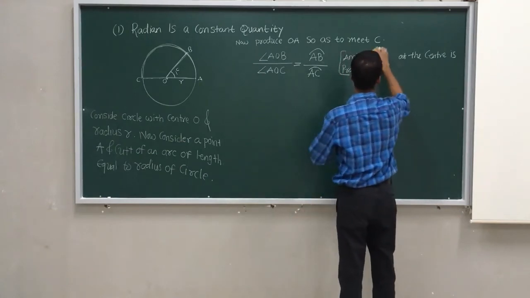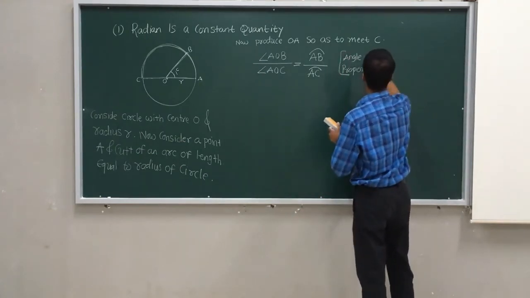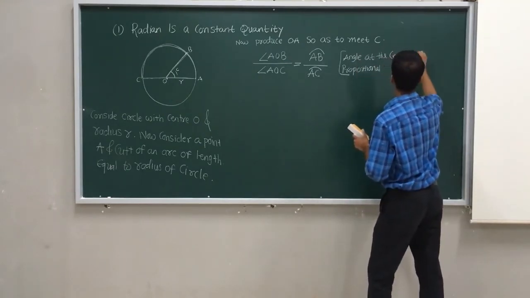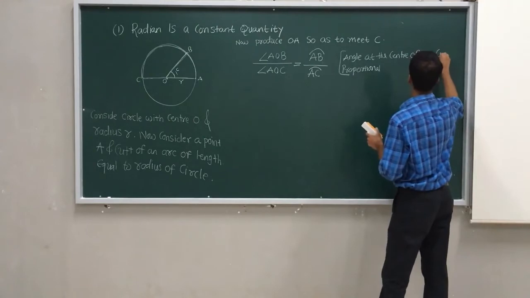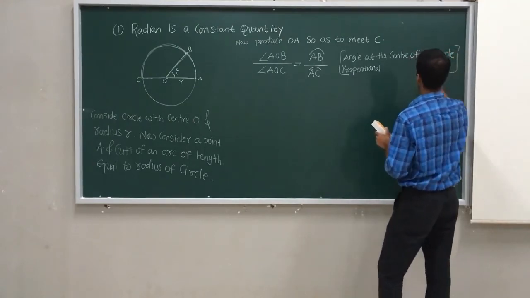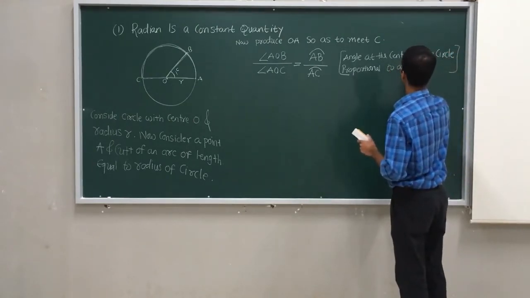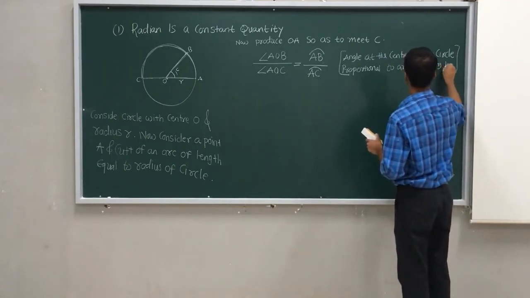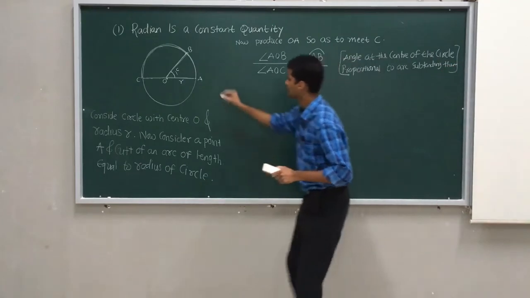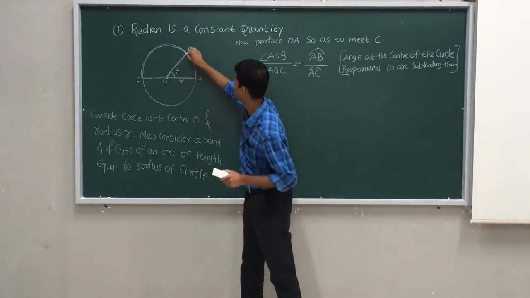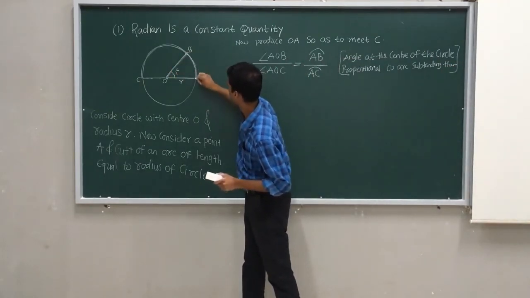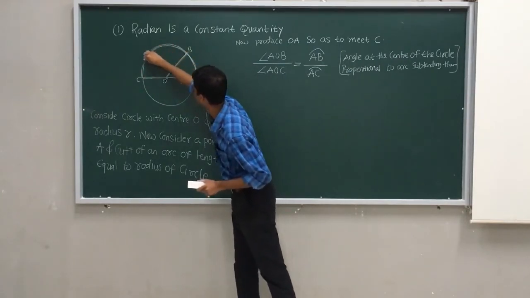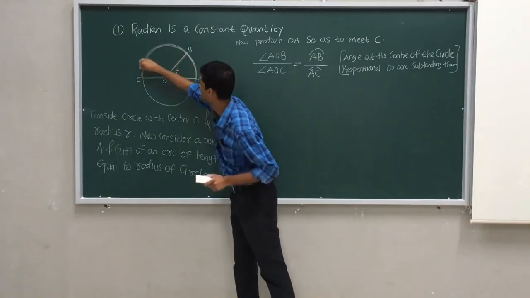Yes, you studied this concept. For angle AOB, the arc subtending is AB. For angle AOC, the arc subtending is either ABC or you may call it AC.